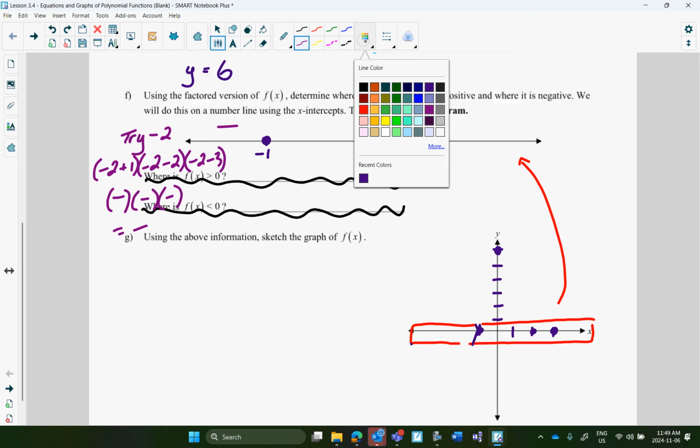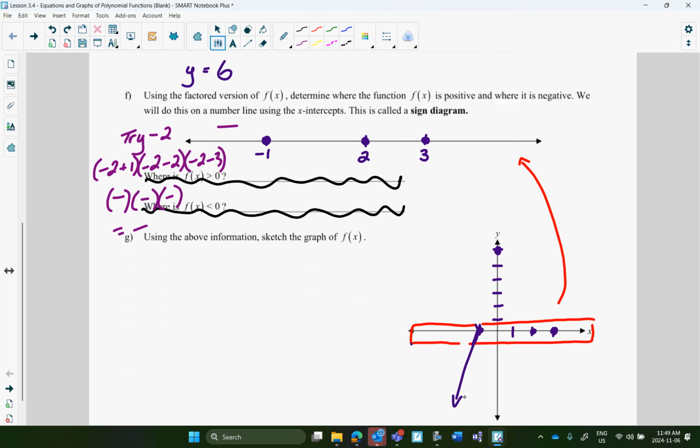So that means the first section looks like this, right? Everything to the left of -1 is below. Then it goes like this, right? I can follow the pattern. So it's got to go through it. Where do I have to go through next? I have to go through this because it's part of it.